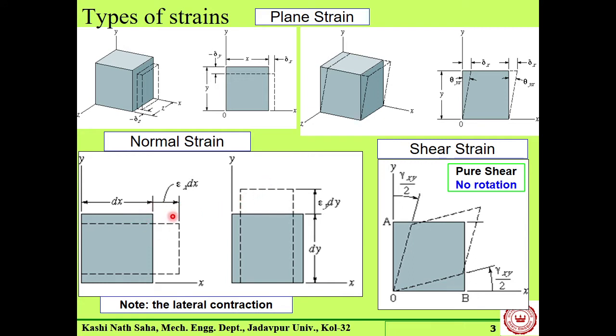So this extension, we say this is epsilon, and this is given by this increment in displacement du for this elemental length dx. So our epsilon x becomes du/dx in small strain and in 2D.